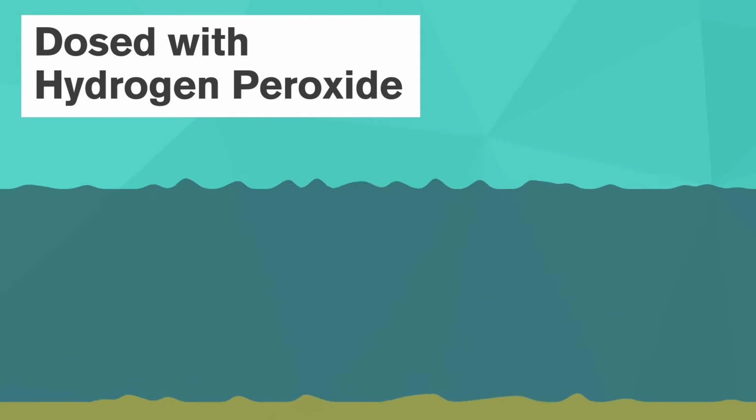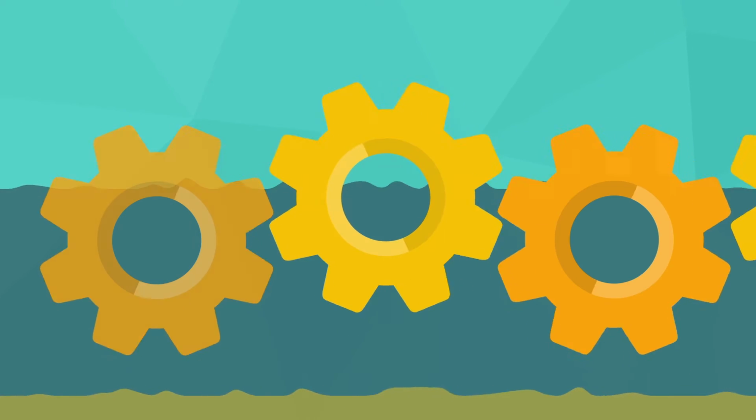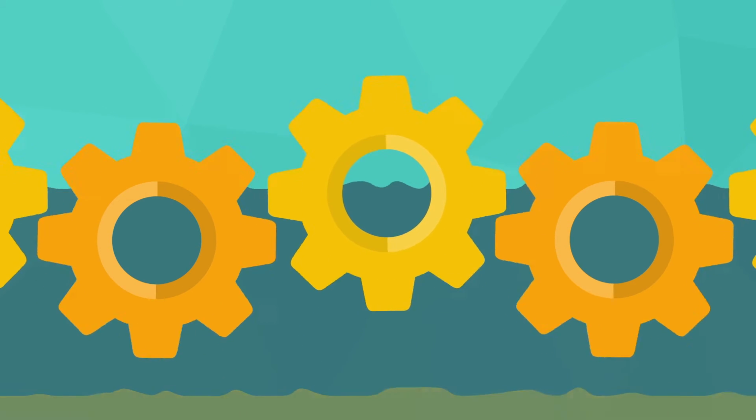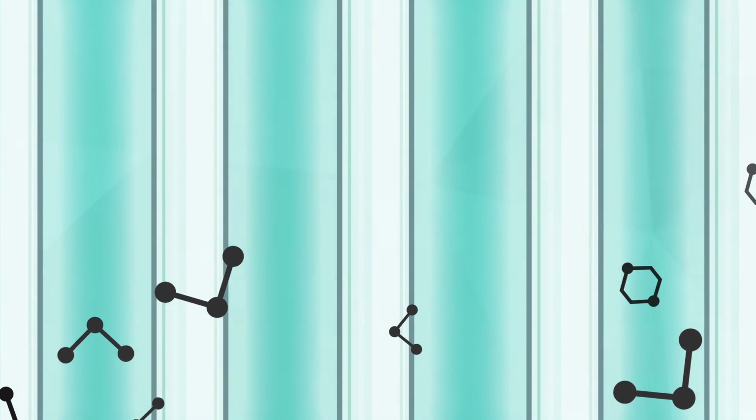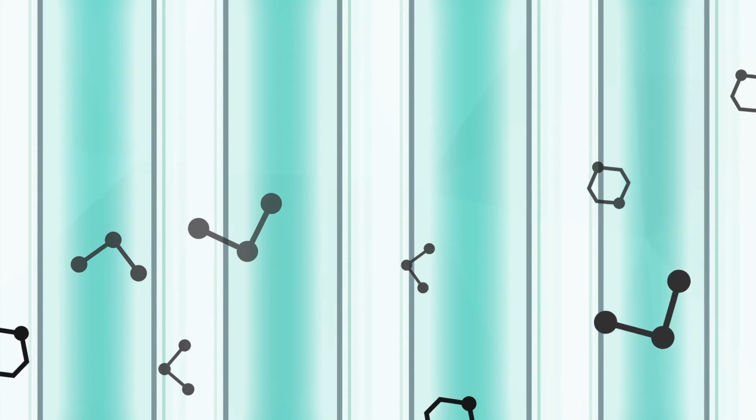Before the water enters the chamber, it is dosed with a small amount of hydrogen peroxide, which helps the oxidation process work efficiently on the widest range of contaminants. As the biological and chemical contaminants pass through the UV chamber, they are exposed to and absorb the UV light emitted by the lamps.